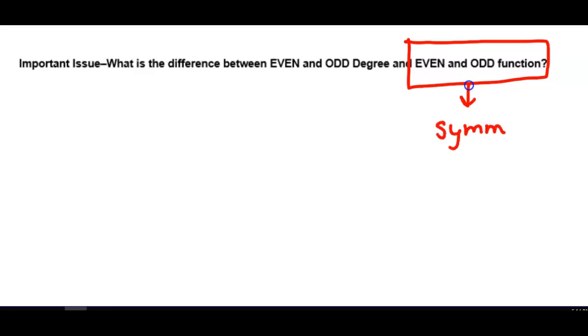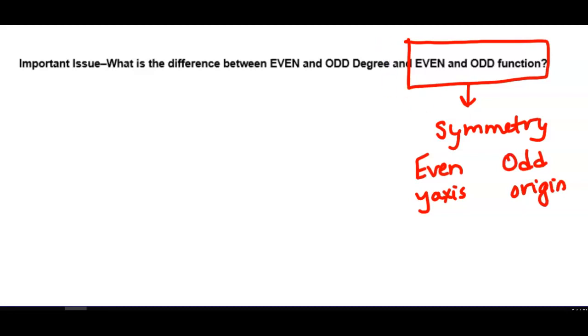All right, now we got to talk about this because this is so confusing for students. We're going to have another third one yet today, but even and odd function has to do with symmetry. When we talked about symmetry, even meant y-axis symmetry, and odd meant origin symmetry.